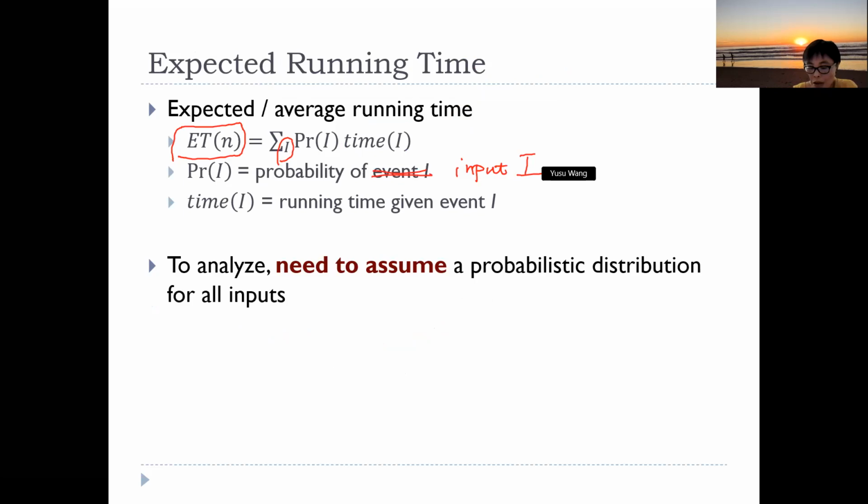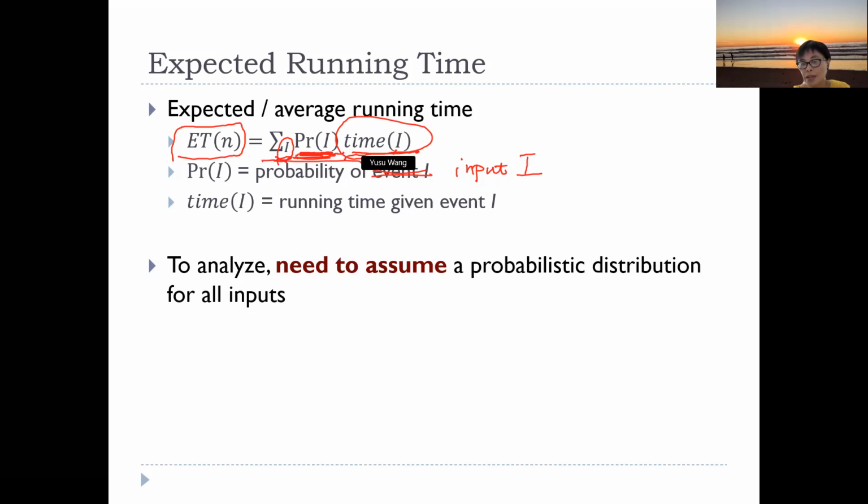If I have all possible inputs, and I know the probability of each input, and I know the running time of my algorithm on that input, then I take the running time on that specific type of input, multiply by the probability that this input would occur, and sum it up.